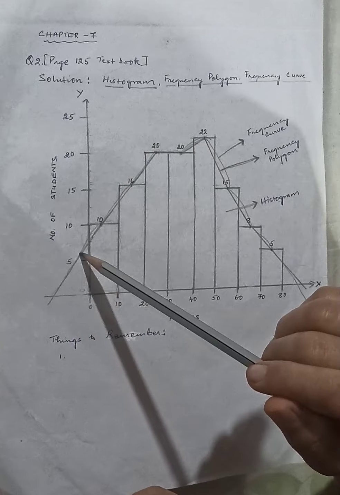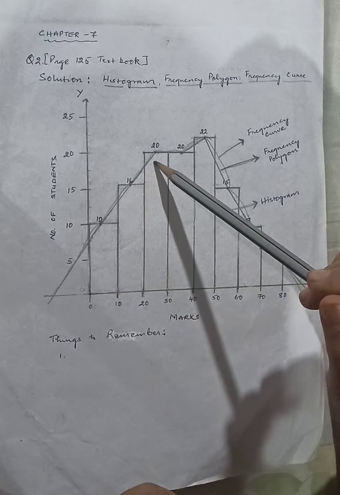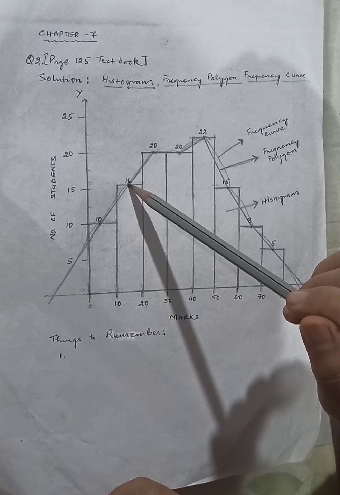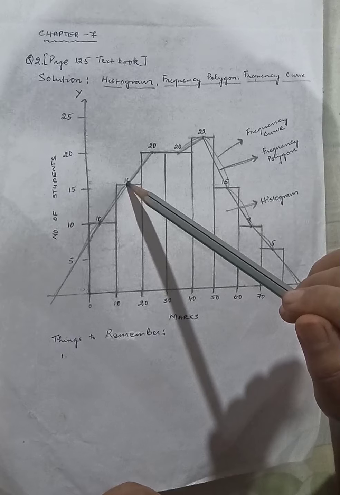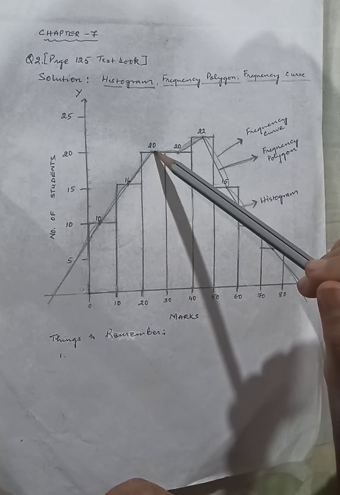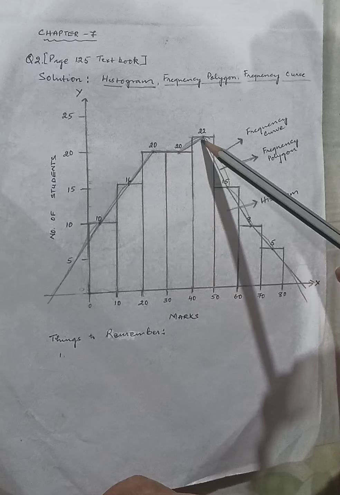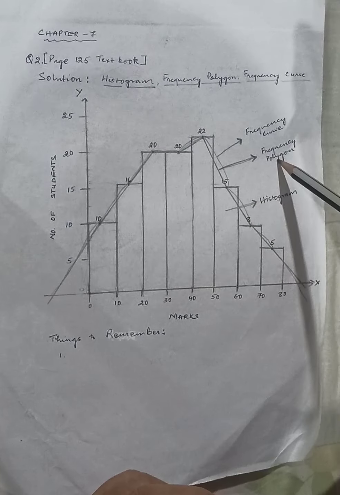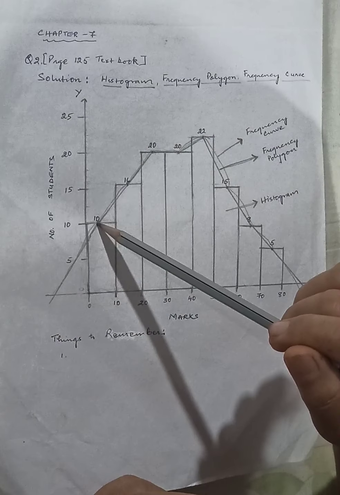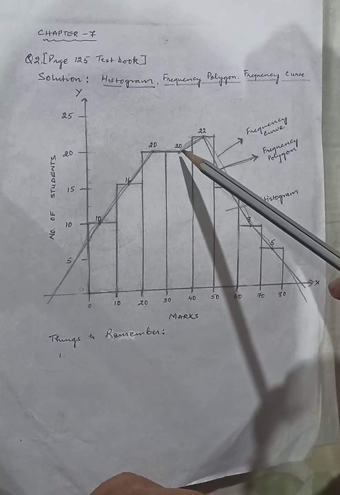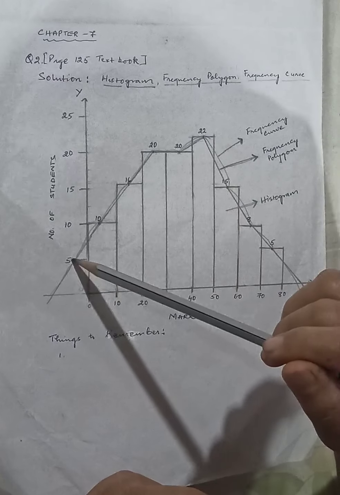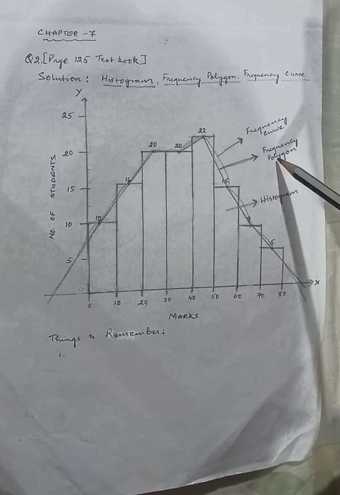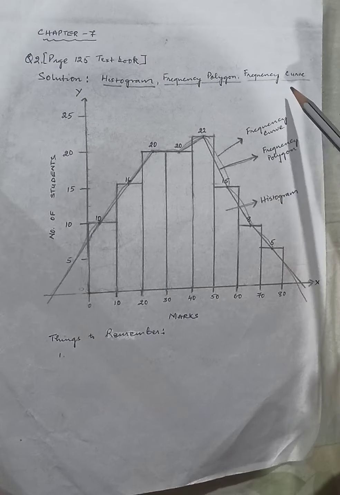And so here we join the plotted points with the help of a scale and pencil, meeting each plotted point of the bar, and then it looks like a curve. This is called a frequency polygon. When we join the midpoints of each bar using a scale and pencil, it is called a frequency polygon. And another thing is the frequency curve.